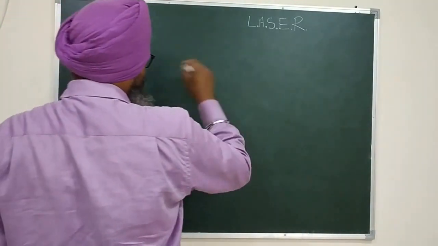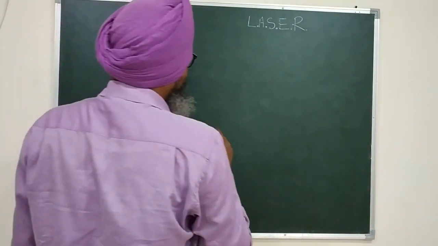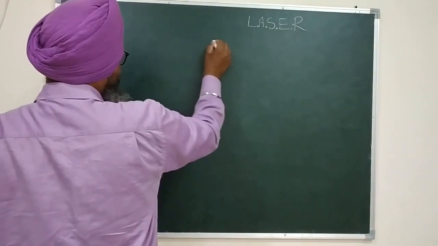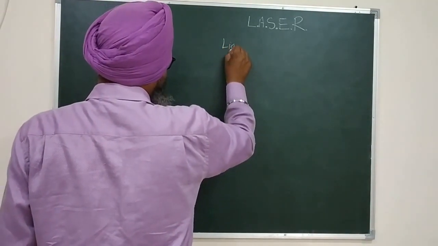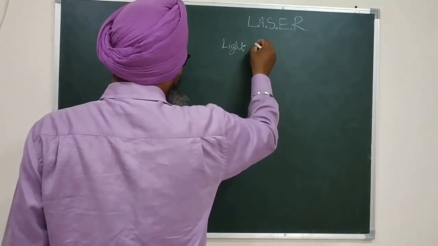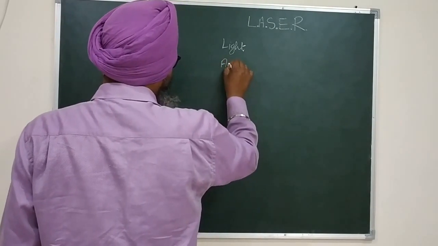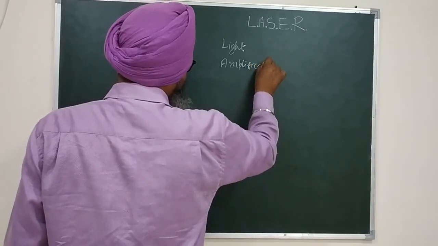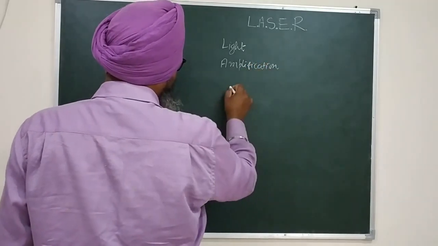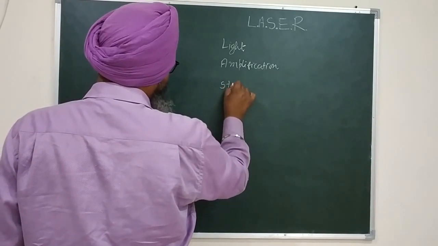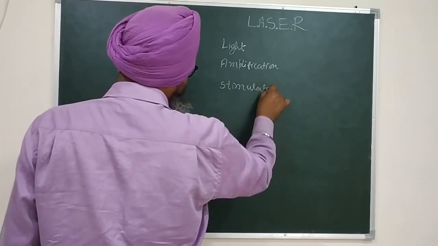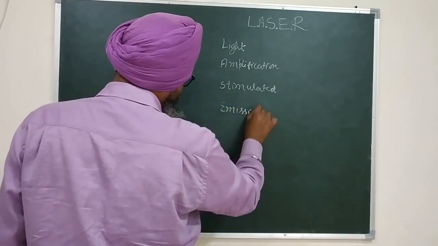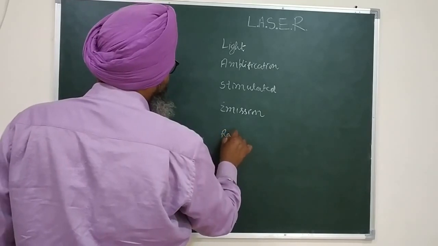What was the meaning? In case of this laser, L stands for light, A stands for amplification, S stands for stimulated, E stands for emission, and R stands for radiation.